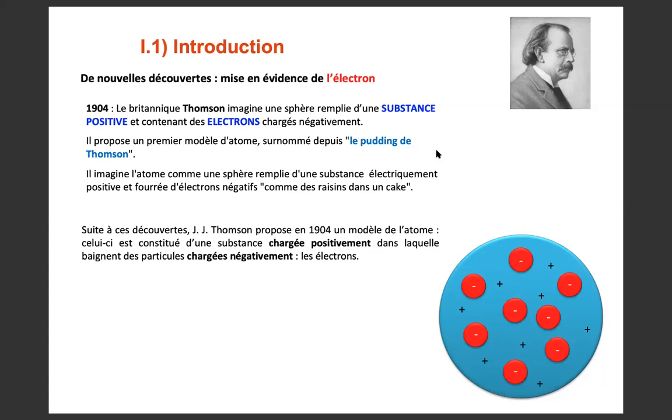For him, he just ended there. But with further discoveries, like we're going to look at when we talk about the quantification of energy, Niels Bohr discovered and stated that you have what you call stationary energy levels. In these stationary energy levels, this is where you find electrons. Like you guys know, electrons are found in orbitals.